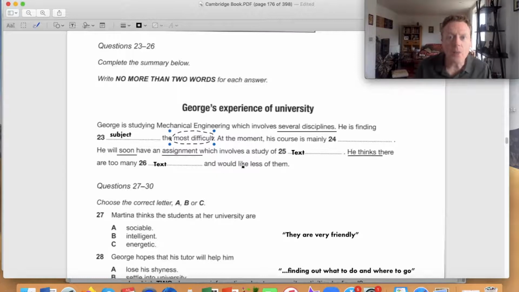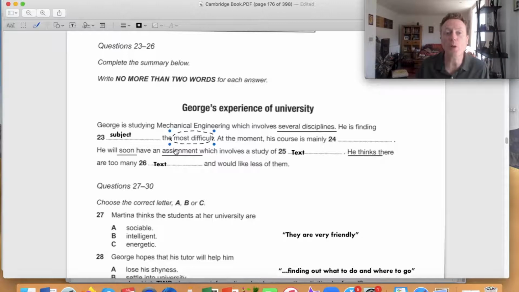Let's look at another one, number 25. It says, he will soon have an assignment which involves a study of something. So again, our pointing words, our signposting words are soon and assignment. When he talks about maybe tomorrow or next week, and assignment, he may talk about a project.